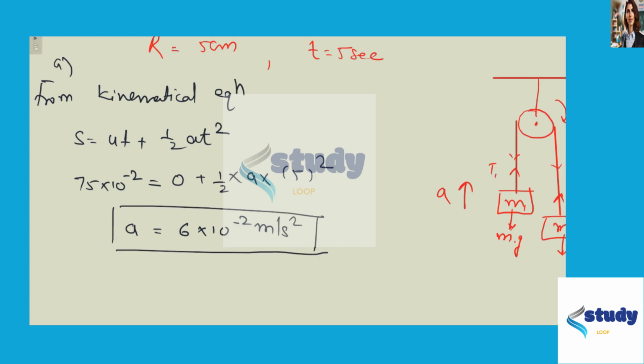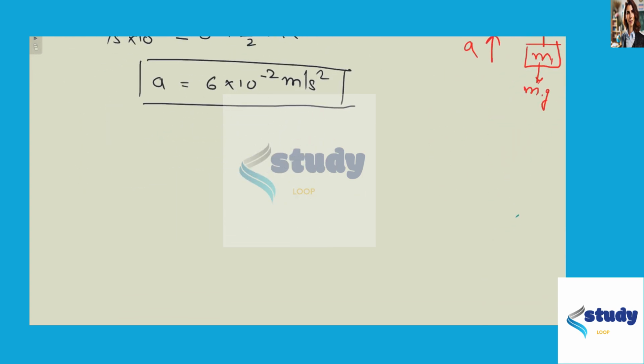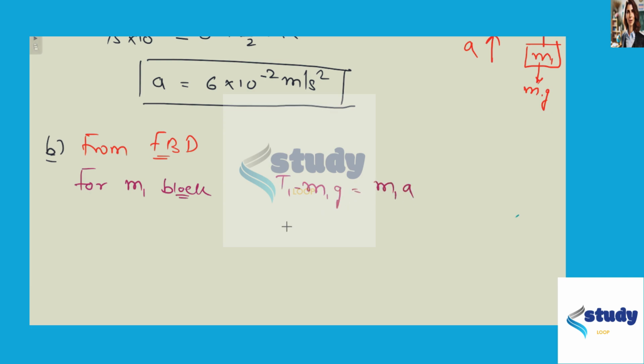Now we have to find the tension in both the strings. So from the FBD we can say that for M1 block, T1 minus M1g is equal to M1 into a.